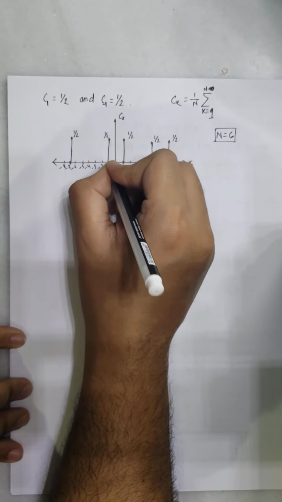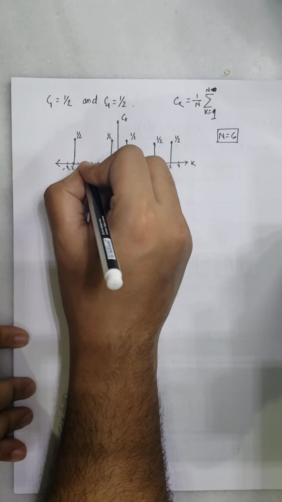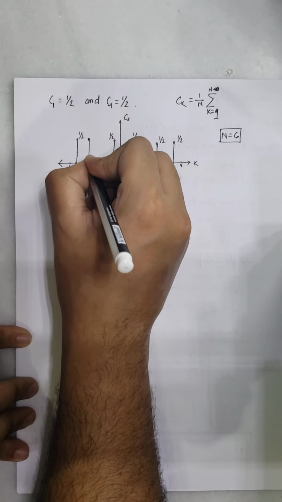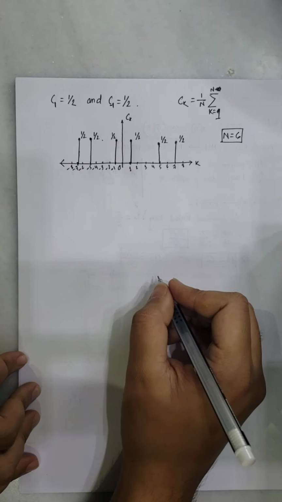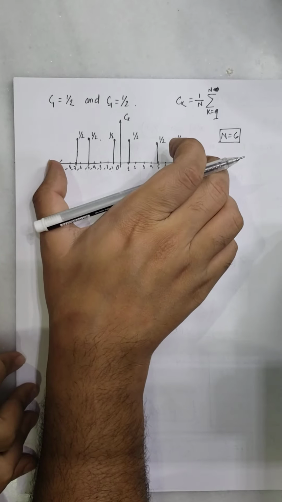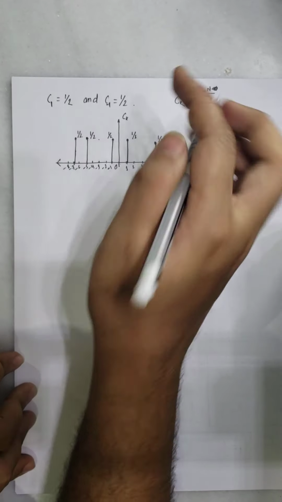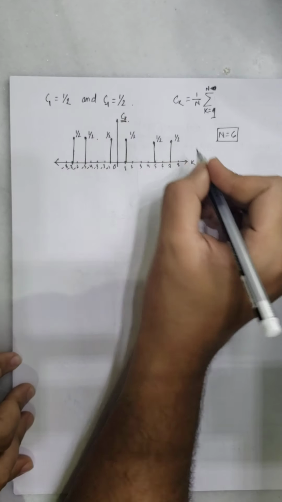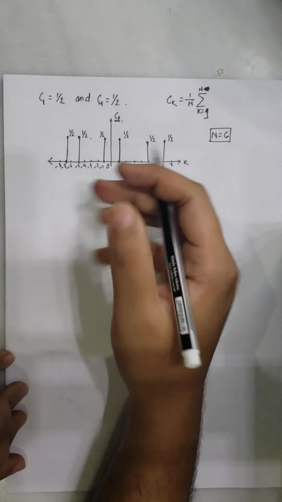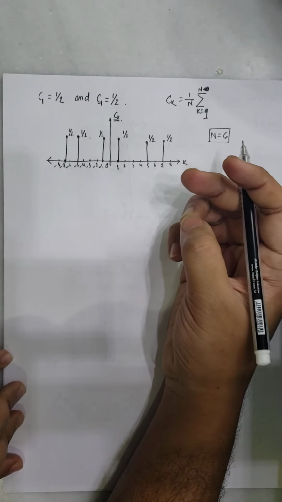So this is 1, 2, 3, 4, 5, 6. At minus 5 we get half. So this is the Fourier series coefficient, that is the frequency spectrum that we were required to calculate.